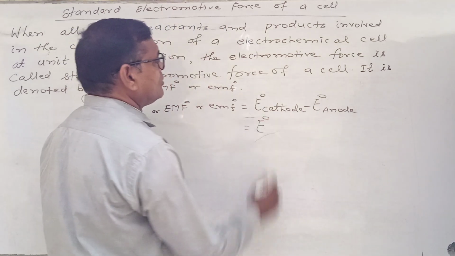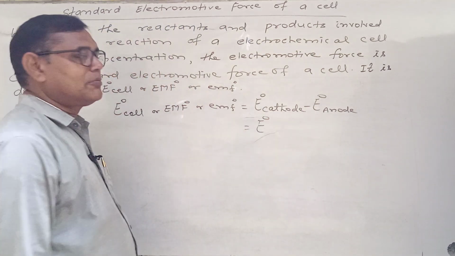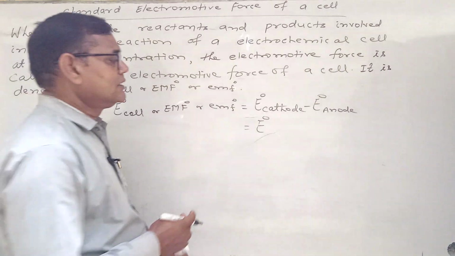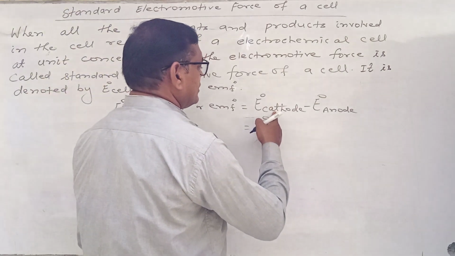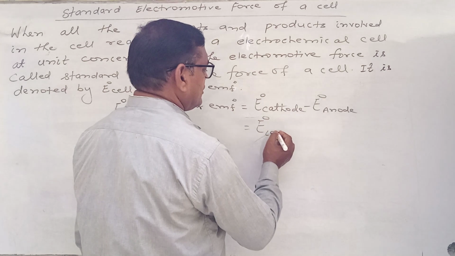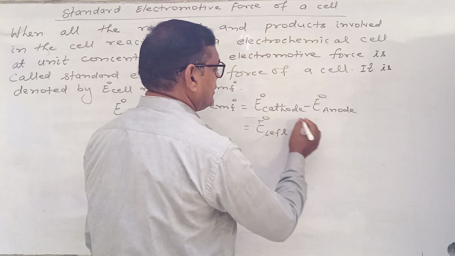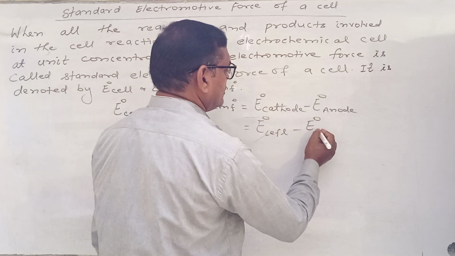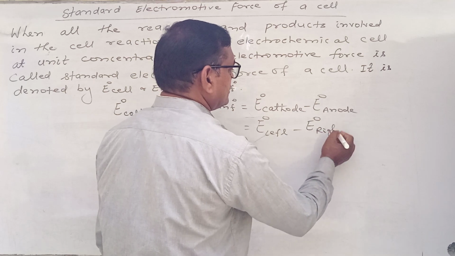In an electrochemical cell, the cathode is present on the left side. Therefore, here we write E naught left, and here we write E naught right.